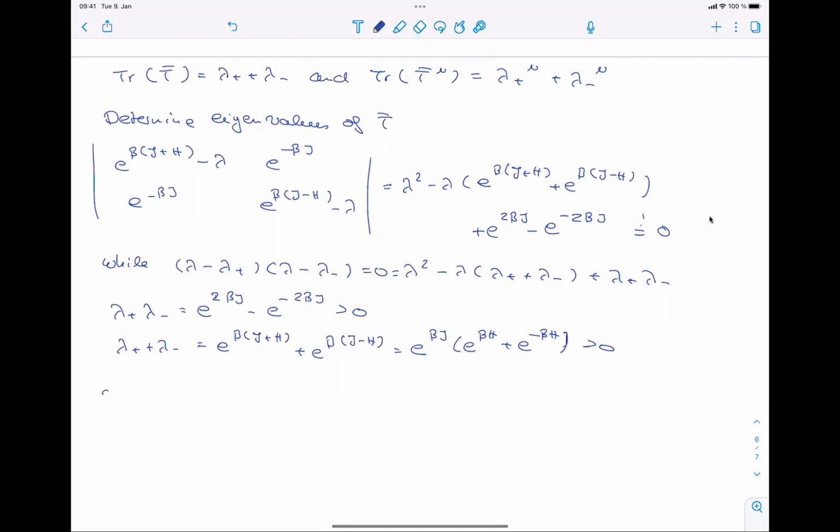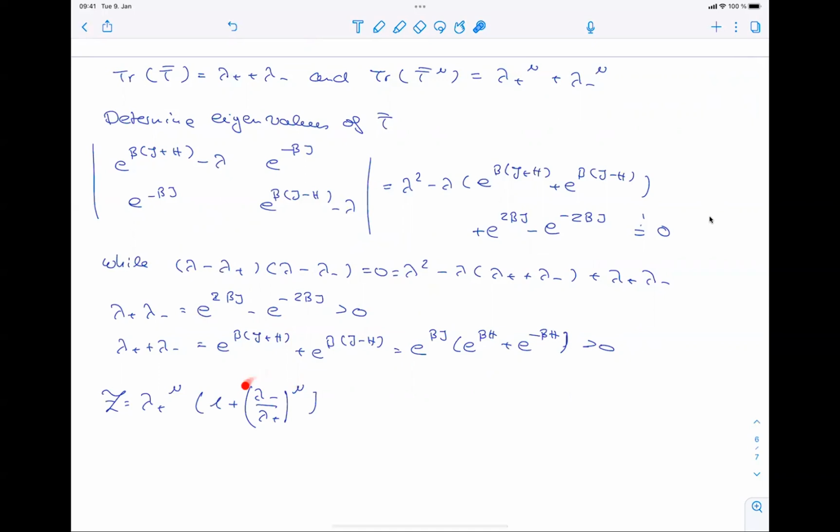So I can write down my partition function, factoring out the lambda plus eigenvalue, as lambda plus to the power of n times 1 plus lambda minus divided by lambda plus to the power of n. And now, since we see that these 2 contributions we can readily read off are both positive all the time, we see that lambda plus has to be bigger than lambda minus. We can make this deduction.